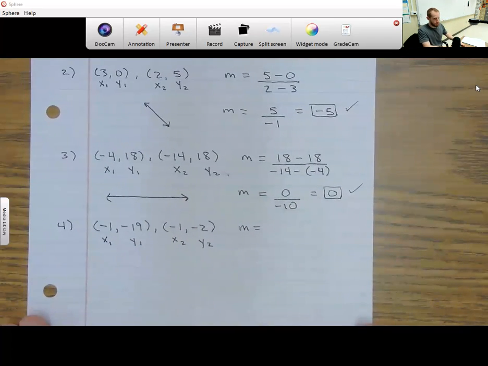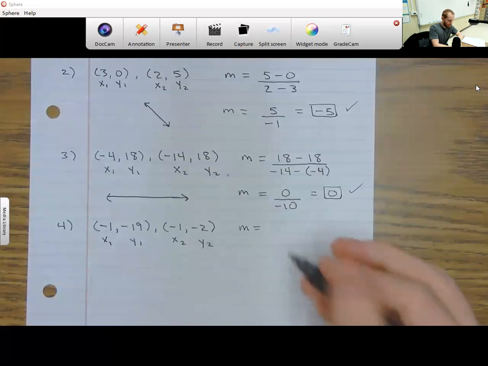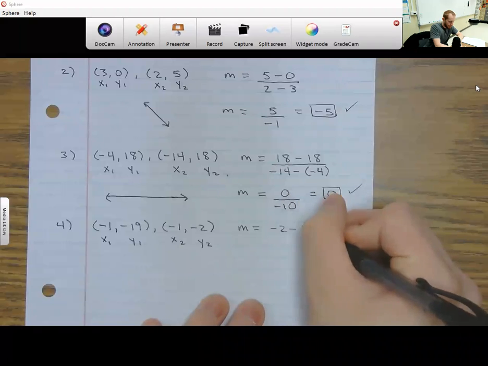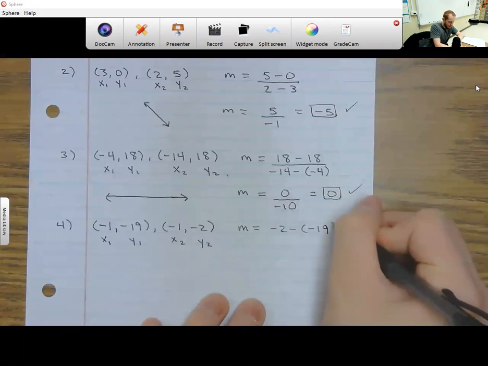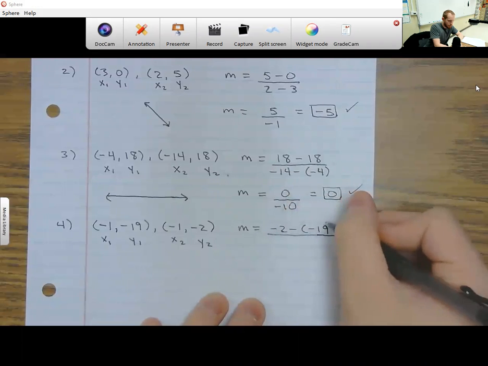M stands for slope. So I'm going to have the y's being subtracted on top, right? Now, if I'm subtracting the y's, I'm going to have negative 2 minus negative 19. There's a lot of negatives going on, so I'm going to put the negative 19 in parentheses.